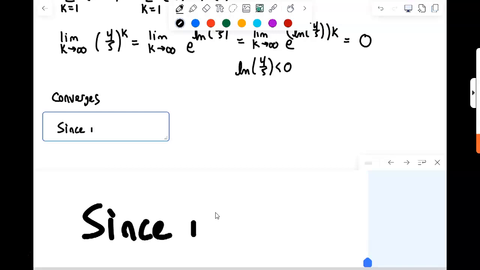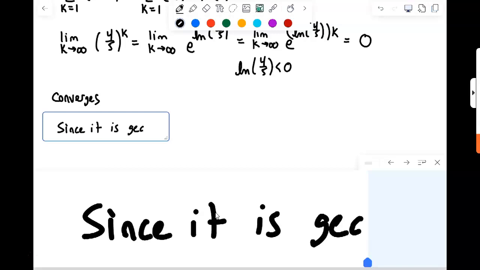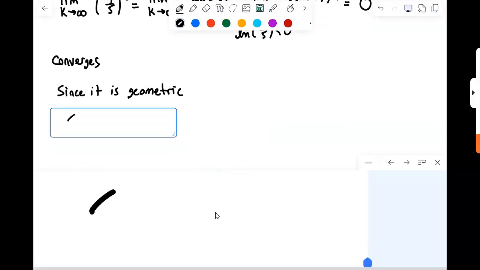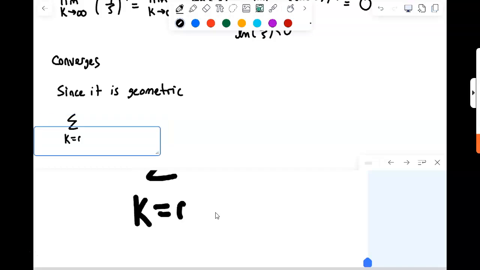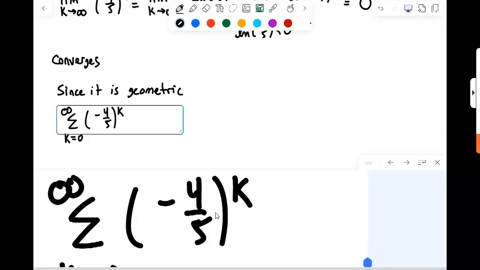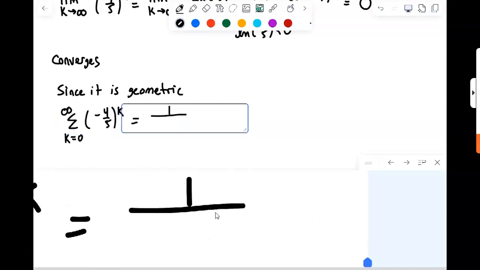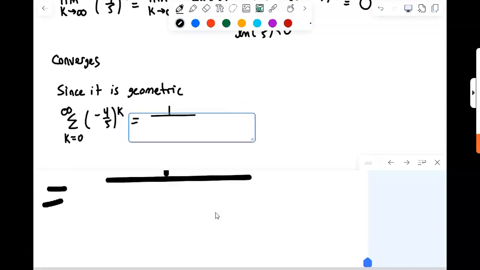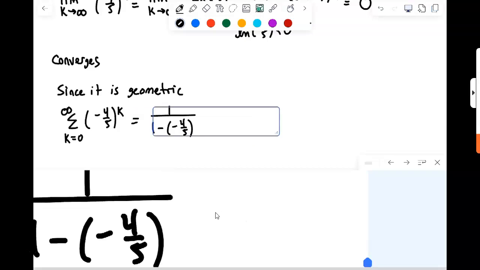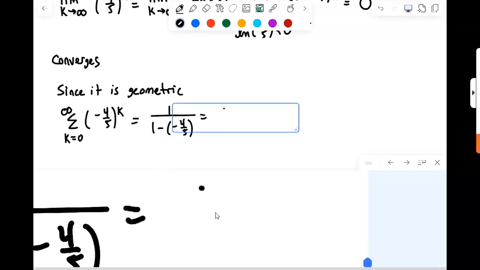Since it is geometric, then we know that the series as k goes from 0 to infinity of negative 4/5 to the k is actually equal to a, which is 1 over 1 minus negative 4/5. 1 minus a negative 4/5 would be 1 plus 4/5, which is 9/5. The reciprocal of that would be 5/9.